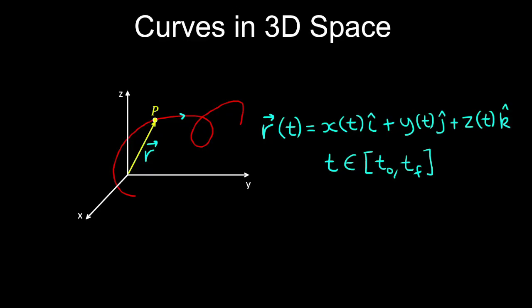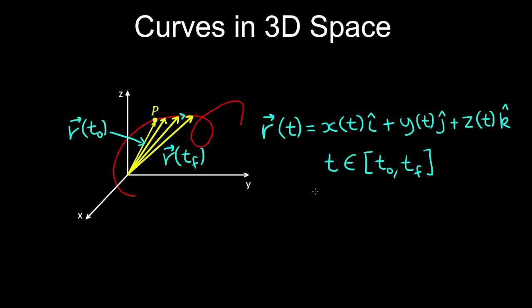So for example, if we consider this vector, the position vector at time t0, and some other position vector at time tf, then the position vector traces out the particle's path over this time interval.